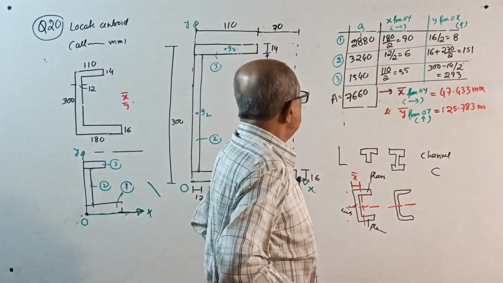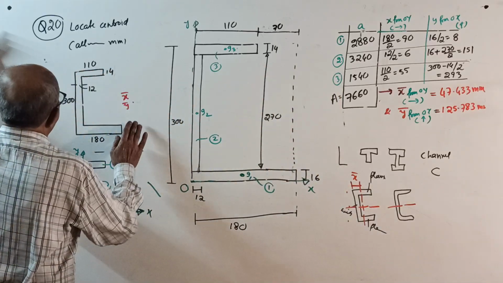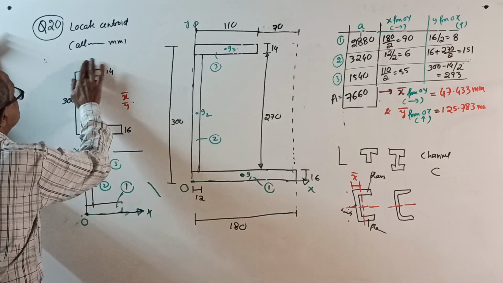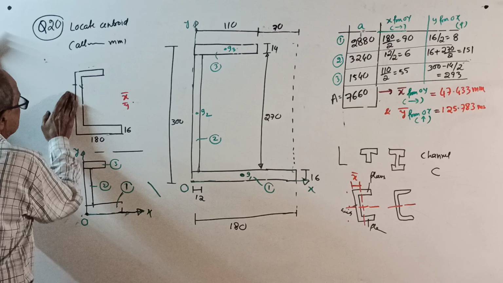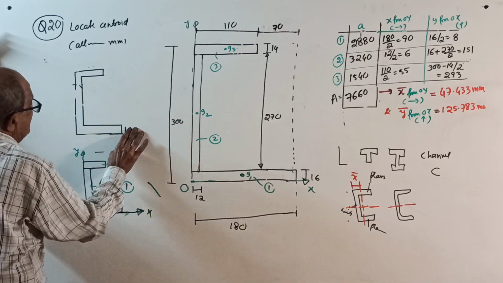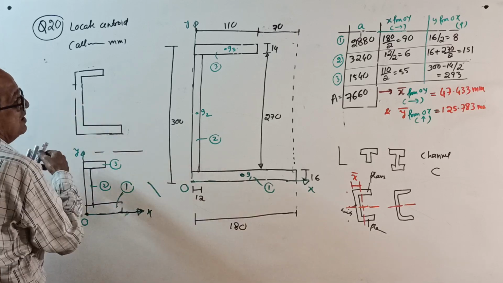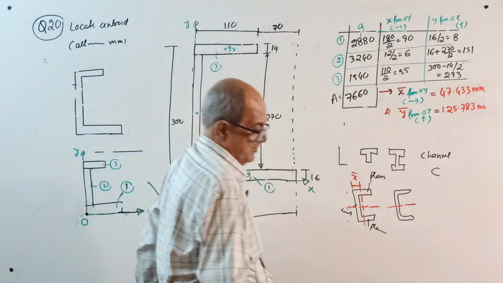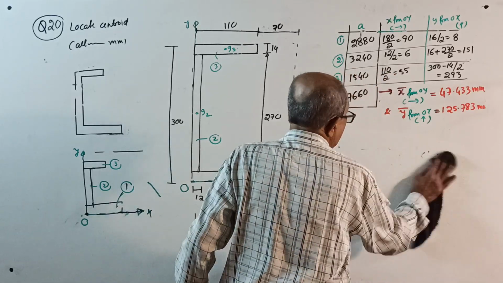Once you get x bar and y bar, come back here. I remove this one now. The last answer required, I will put here to save time. You can put it there only, space is there, because this time it is a shorter one.